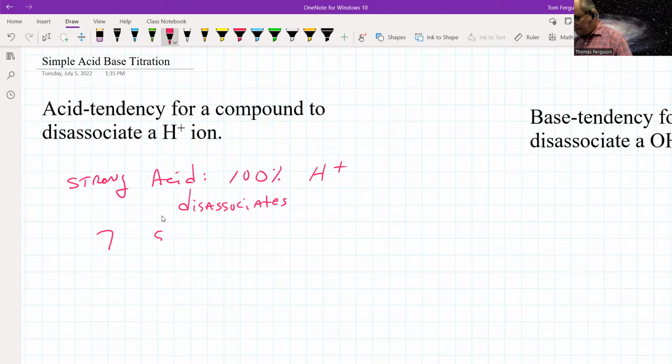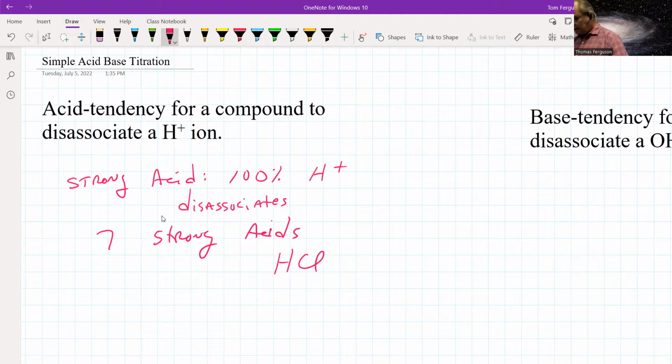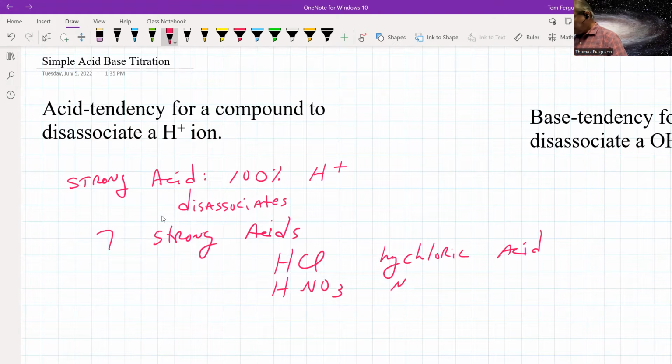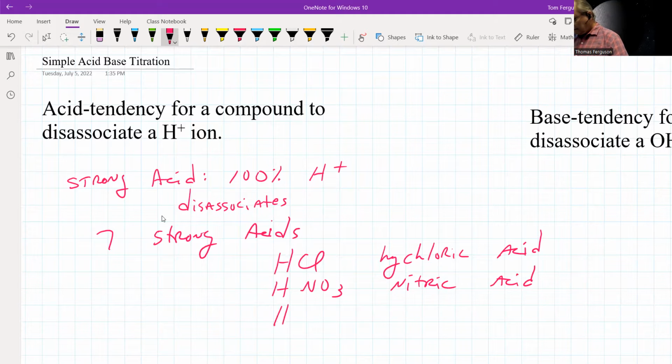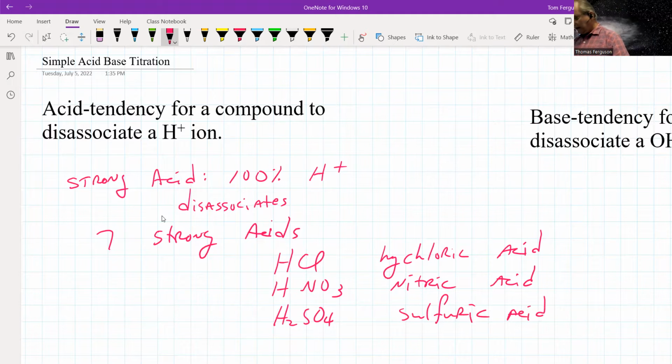And there are 7 strong acids. Hydrochloric, nitric, sulfuric, these are the most common of the 7.